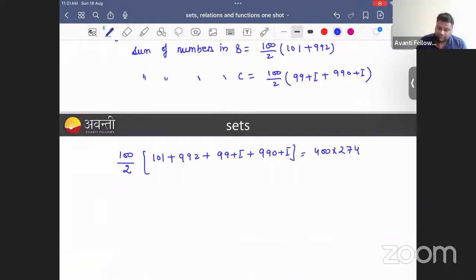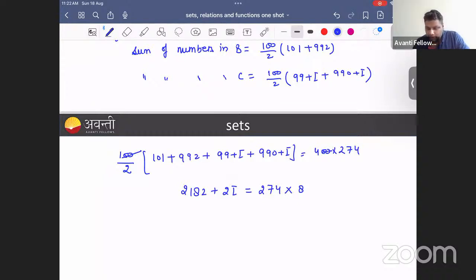Got it? These two zeros will cancel these two zeros. So you get 101 plus 992 plus 99 plus 990. This is 2182 plus 2I is going to be 274 into 8.